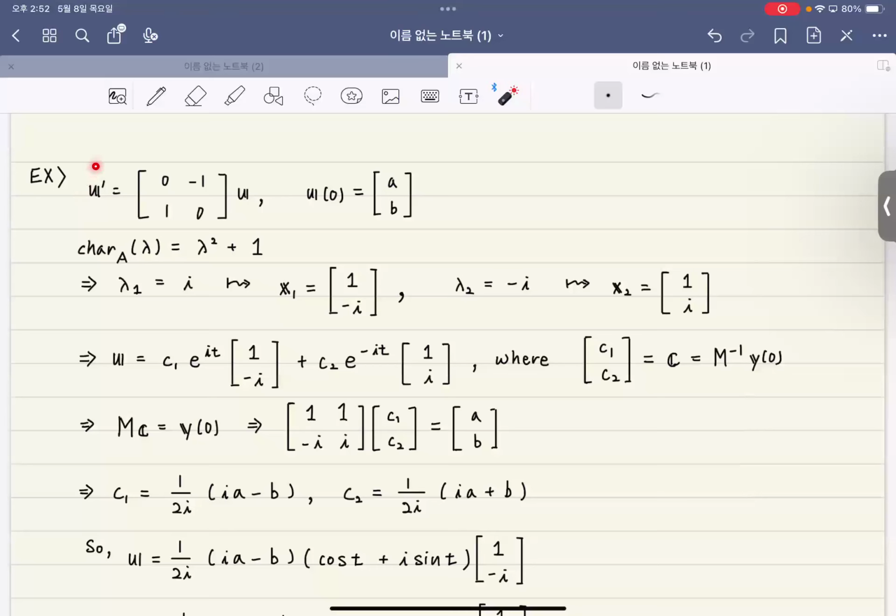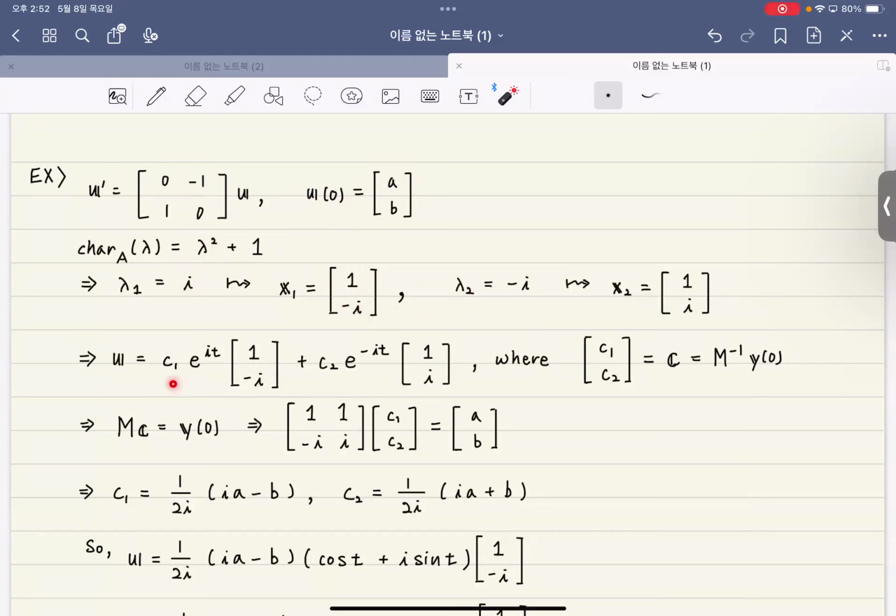Okay, suppose that this is my system of differential equations, with initial condition A and B, and the characteristic polynomial is lambda squared plus 1. So this is an irreducible quadratic, so it has two complex solutions. The first one is i, and the other one is minus i, and these are the eigenvalues.